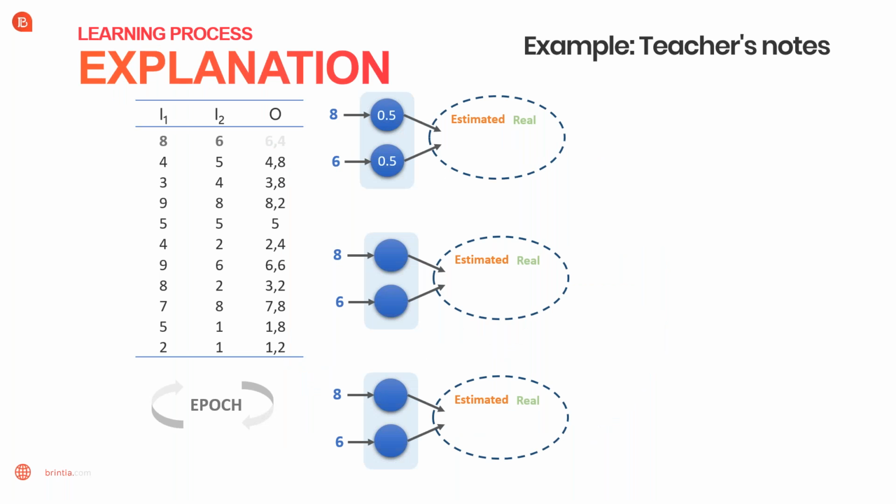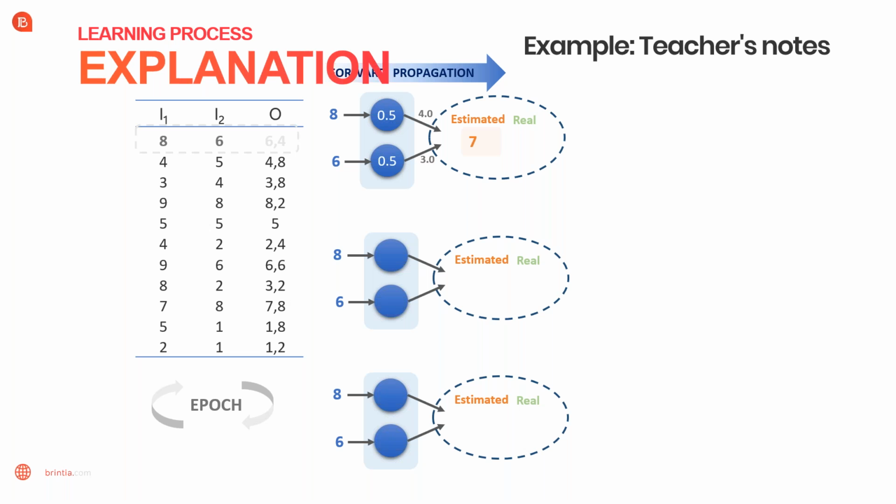Now, we will show it step by step with an example. Let's imagine that we want to predict the final mark knowing the partial mark with a neural network. In the first step, multiply 8 by 0.5. I obtain 7.